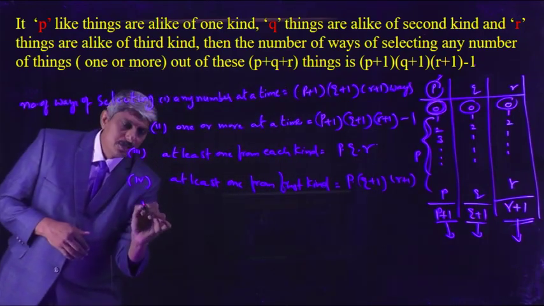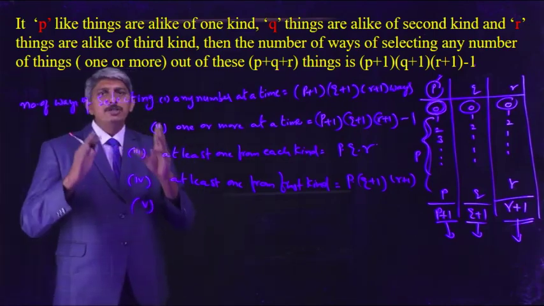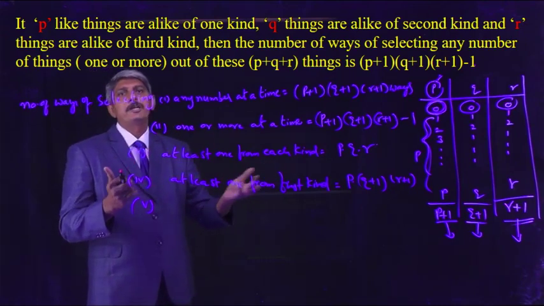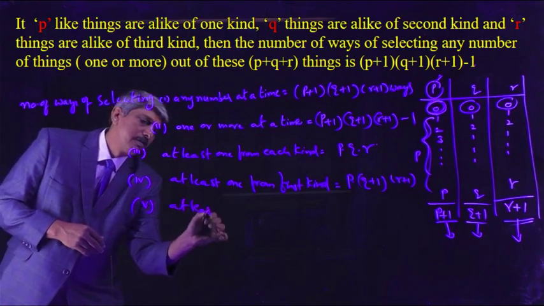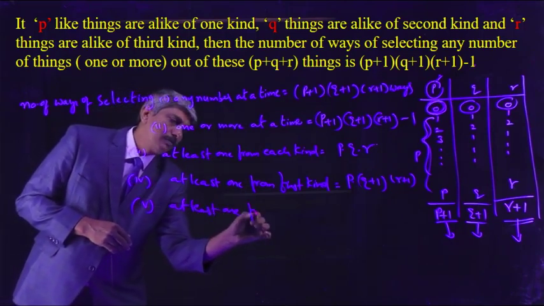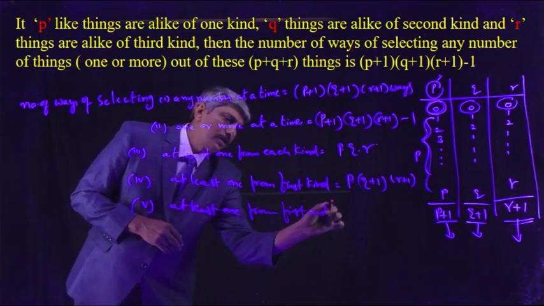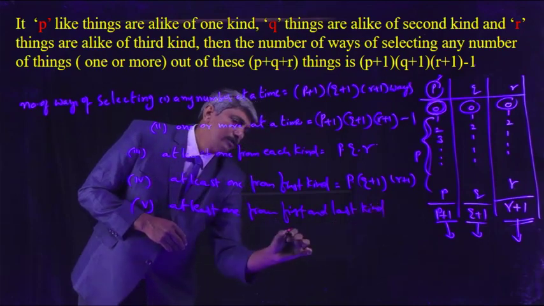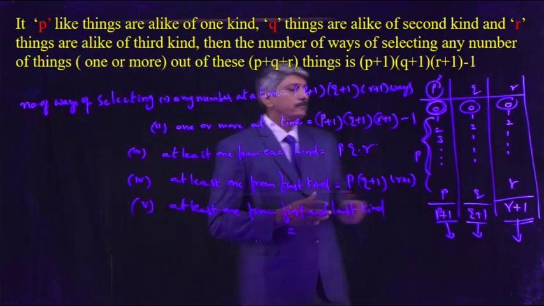Now suppose the same question: at least one from the first and last kind. At least one from the first and last kind is equal to, so for the first kind, how many possibilities?